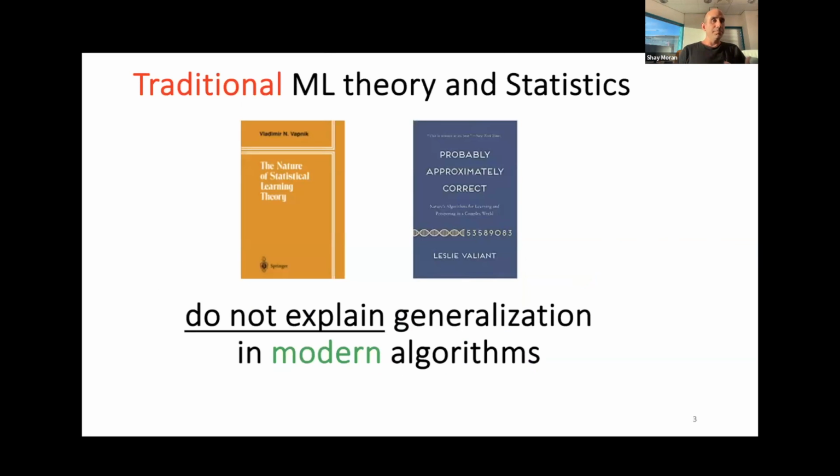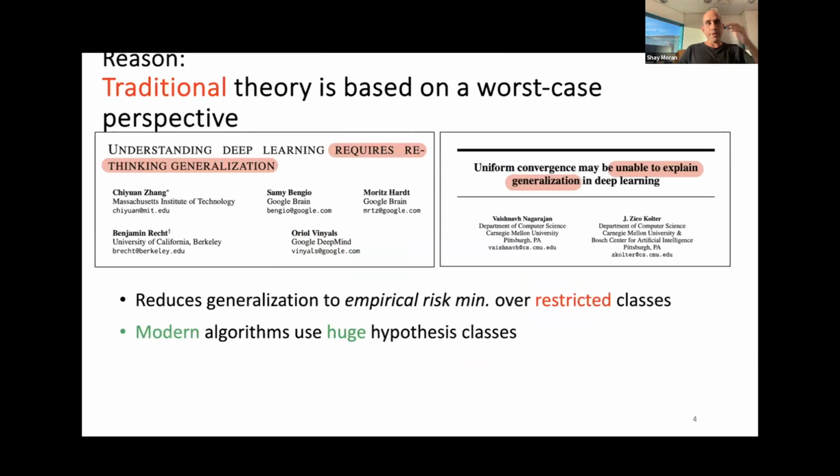Now, what inspires much of learning theory today is that the traditional machine learning theory, and in some sense even the traditional principles of statistics, do not explain generalization in modern algorithms. We will expand on this. But in a nutshell, one main reason that has been explored is that the traditional theory is based on a worst case perspective. Studying the worst case is very convenient mathematically because we just have a universal quantifier.